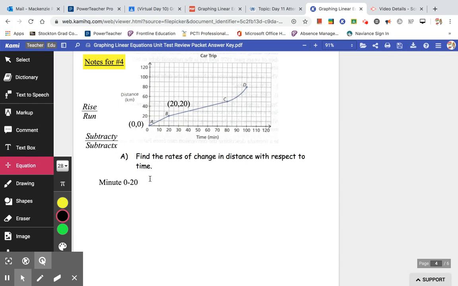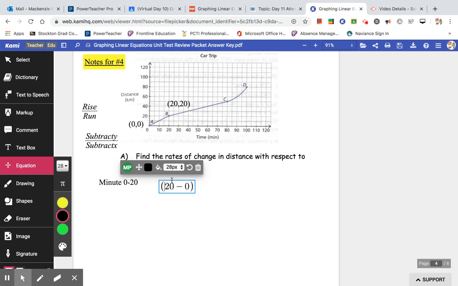So for minute 0 to 20, on the top we're subtracting 20 minus 0. And on the bottom, the x values are actually the same thing, 20 minus 0. So to get our first slope, that would equal 20 over 20, which simplifies to 1.